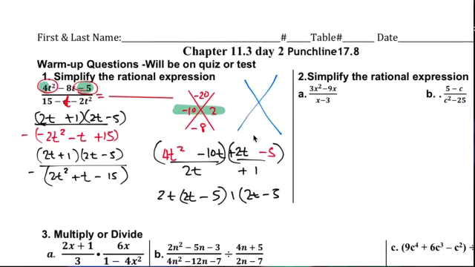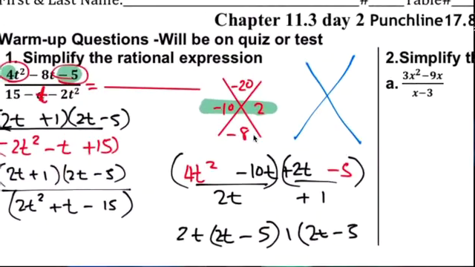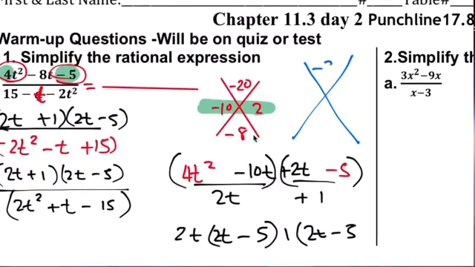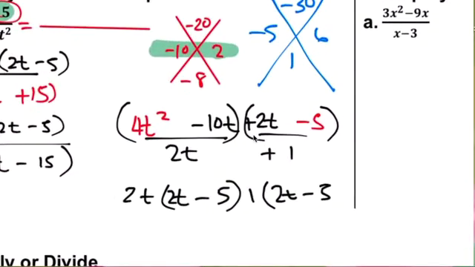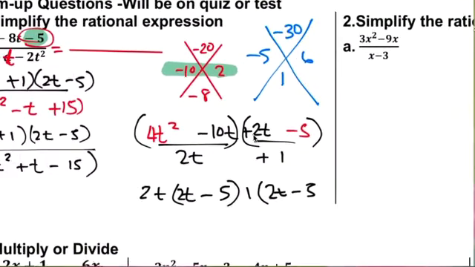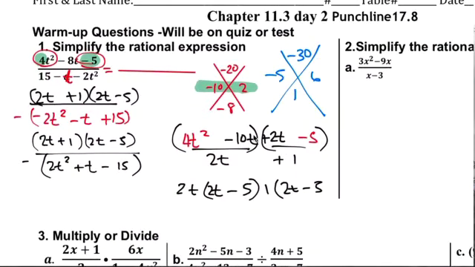Okay, you get negative 30 here and 1 there. 5 and 6, like that, by grouping. So we get leading coefficient be the same, and the C has to be the same.